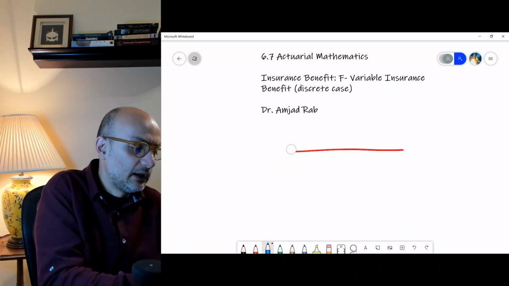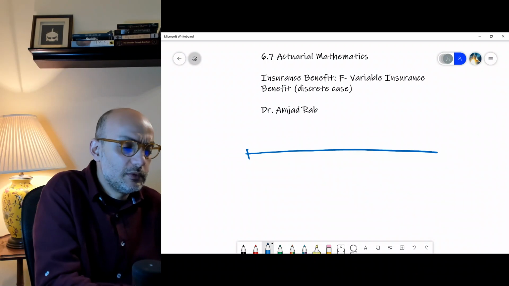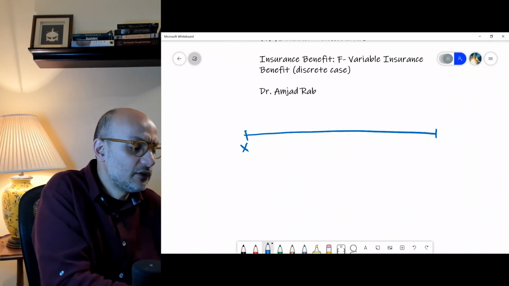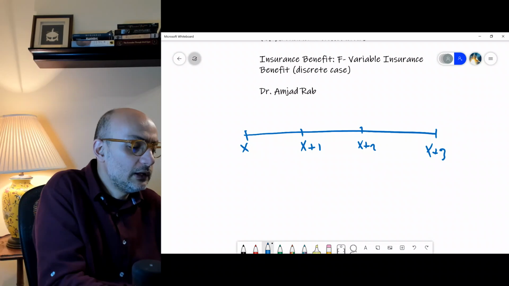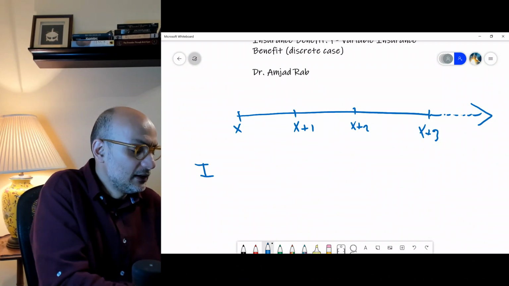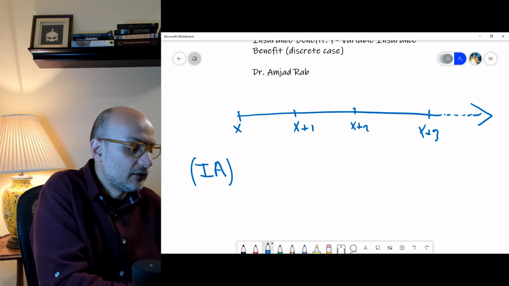drawing the line. I usually like to visualize the situation, so it helps me to answer, and I encourage you in questions to visualize it. So we have an individual age x, x plus 1, x plus 2, x plus 3, and so forth. Now we want to look at (IA) for the insurance benefit for x.